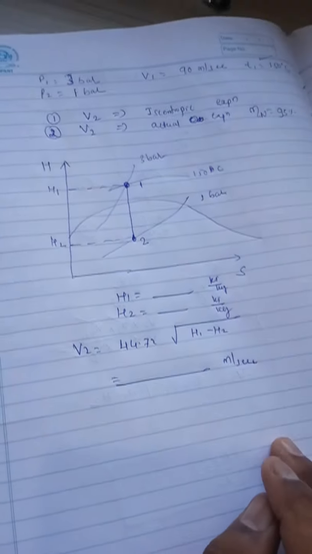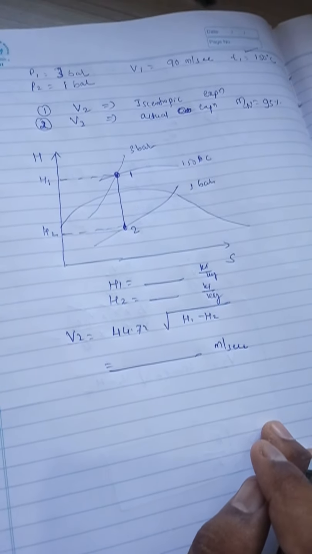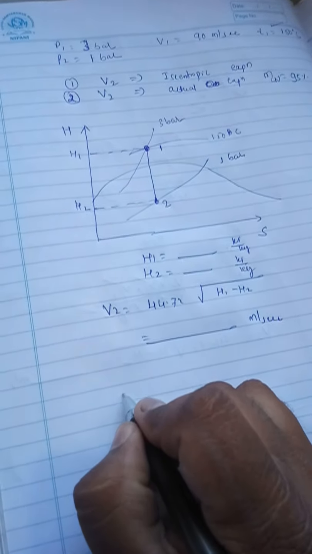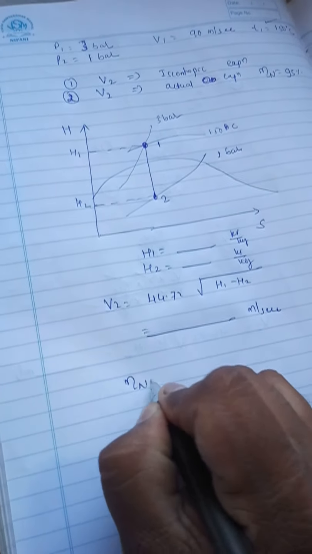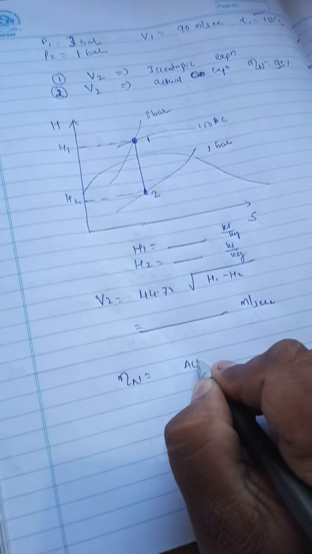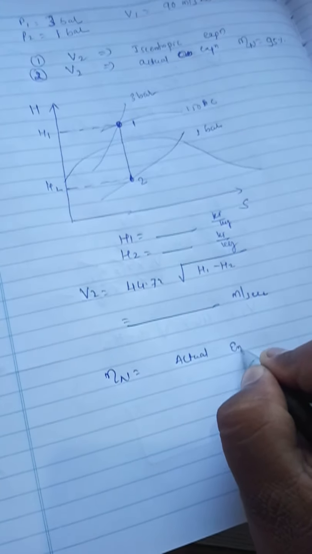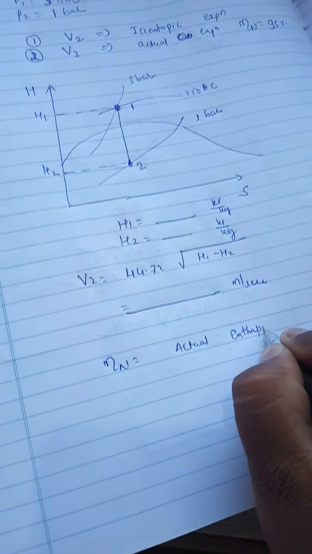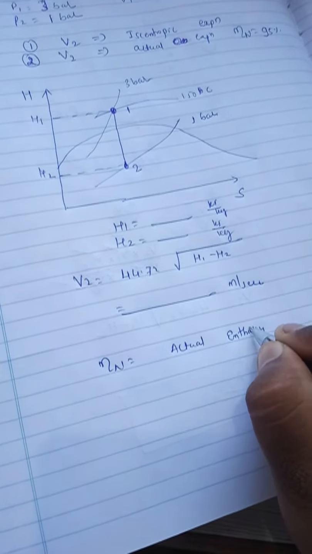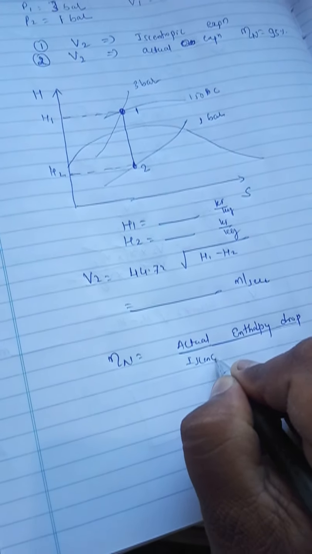Second, this one he has asked is actual expansion where the efficiency is 95%. We know that formula, efficiency of nozzle is equal to actual enthalpy drop to the isentropic enthalpy drop.